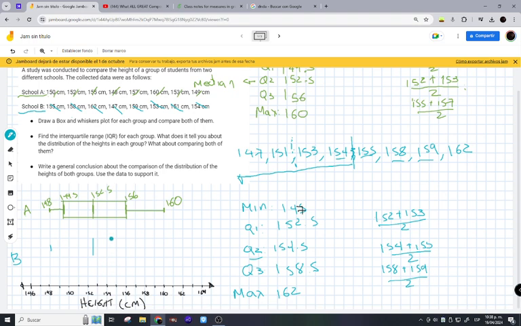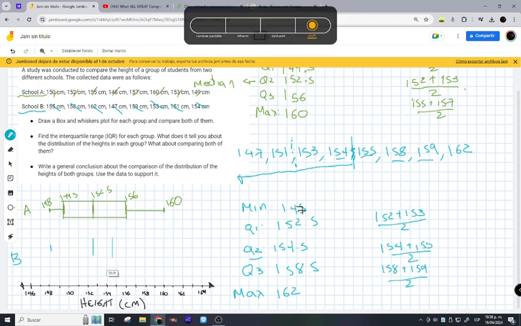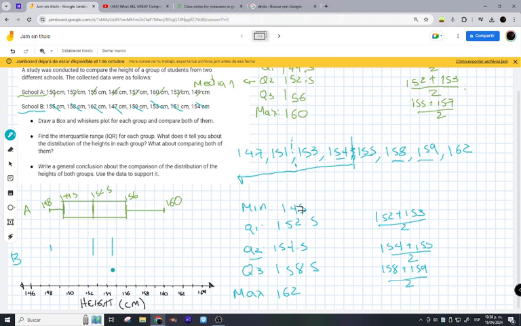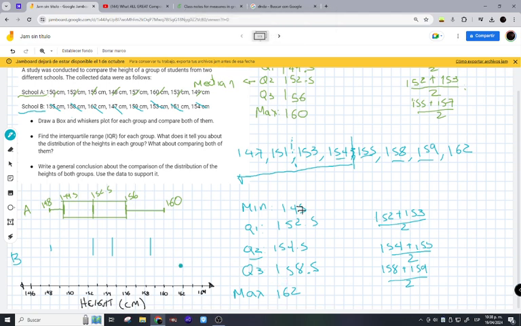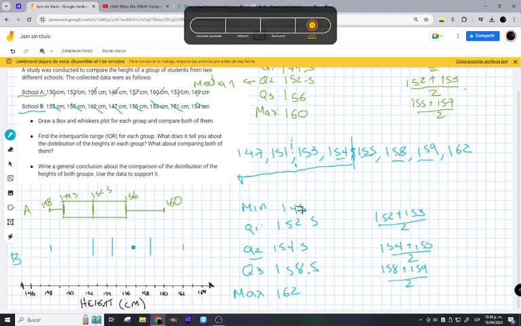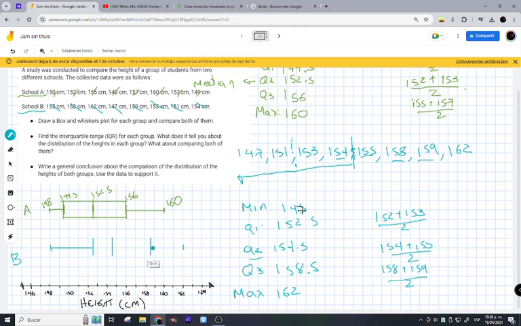So over here. Again, you will be able to do it even more accurately with your graphing paper. This 158.5 over here, and the maximum 162. So again, it's okay.